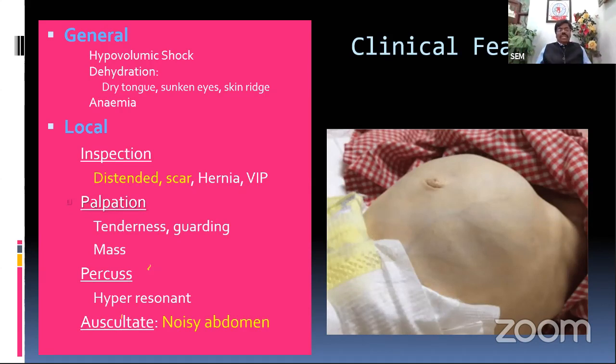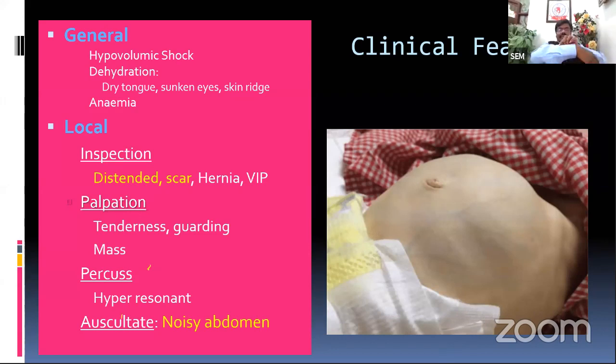Imagine now you are seeing a patient lying right in front of you with an intestinal obstruction. Obviously he has been vomiting the whole night, so he'll be in hypovolemic shock, dehydrated. People will ask, what are the signs of dehydration? You ask the patient to put the tongue out: dry tongue. Look at the eyes: sunken, indrawn eyes.